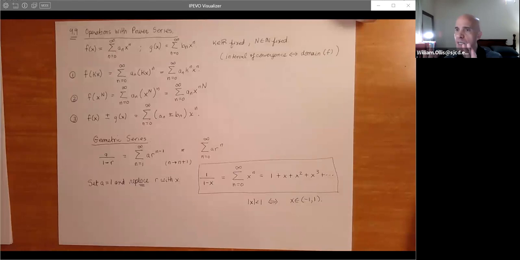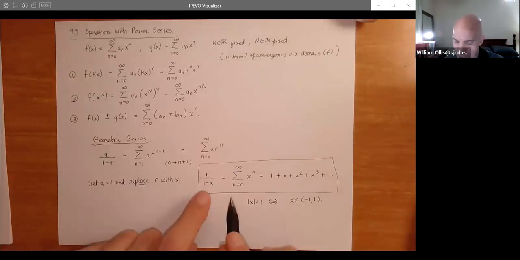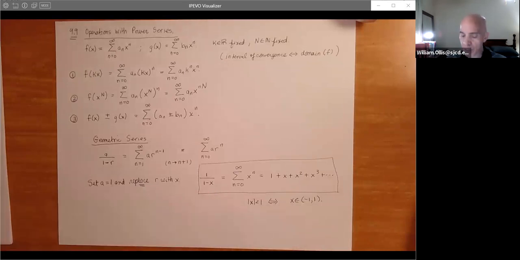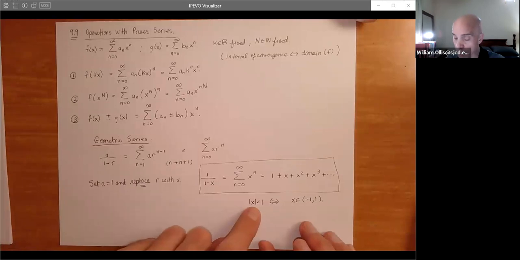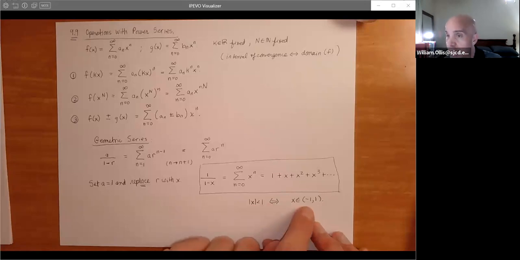We may have to focus in on what's the new R, so to speak. Notice now we may manipulate things, and whatever ends up here becomes the new R, and then we have to actually analyze this particular inequality to maybe get a different interval of convergence.